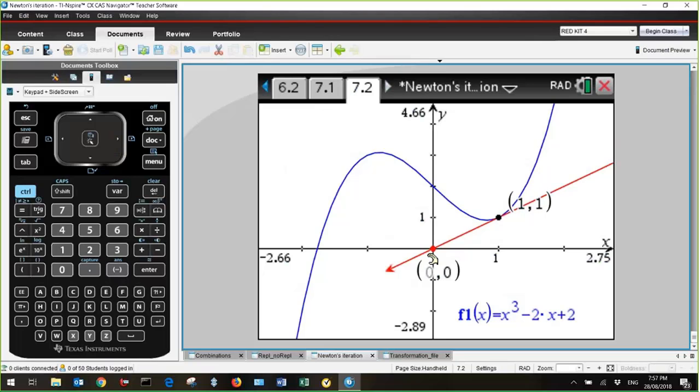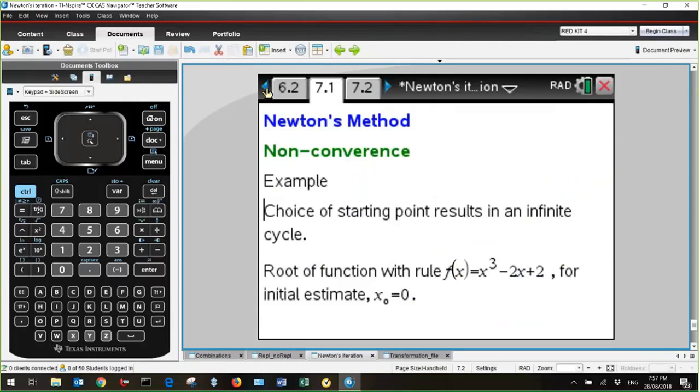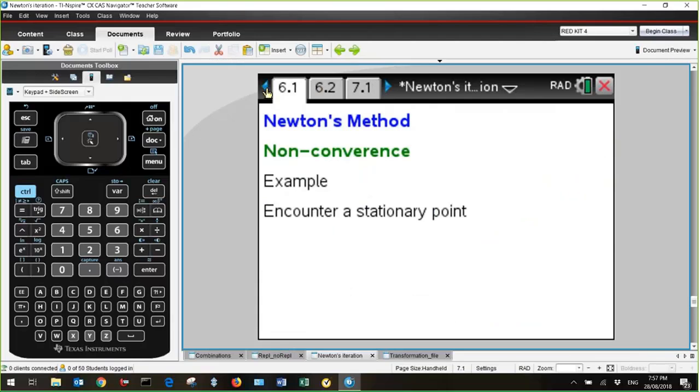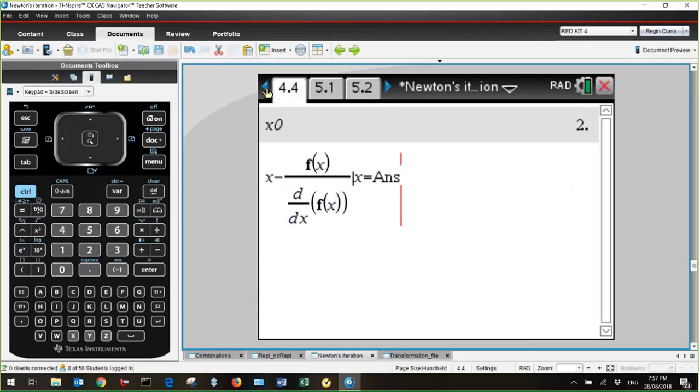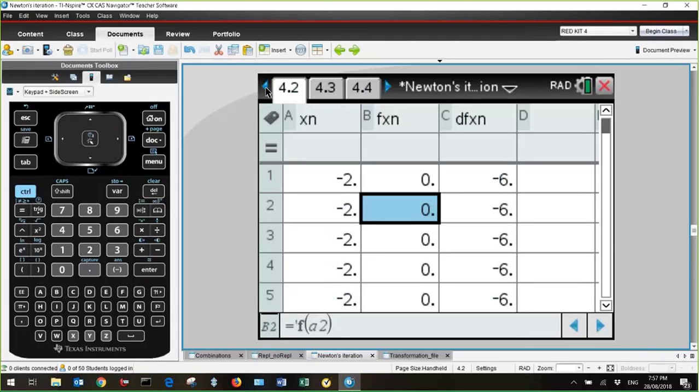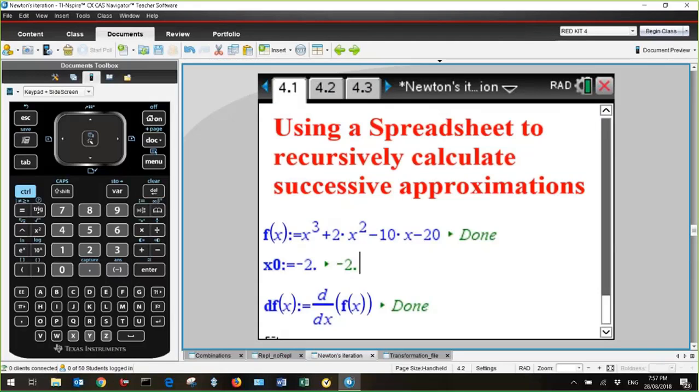Okay, I'll just go back since I've only got about a minute left. I'll go back and change this to something that will work, such as -1.8.